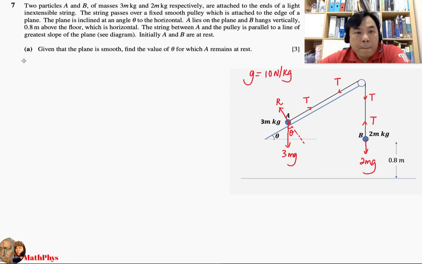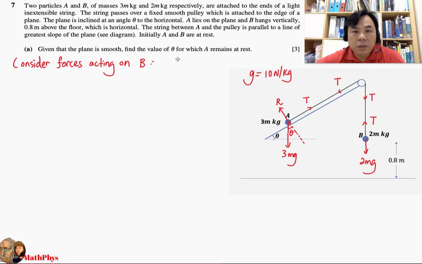So this is where our divide and conquer strategy is applied. Consider the forces acting on B itself. Because they are in equilibrium, based on Newton's second law, again this is purely Newton's second law, the resultant force must be equal to 0 newtons.